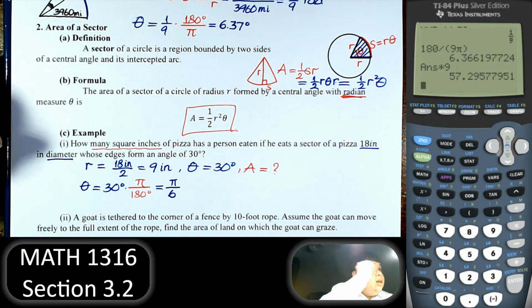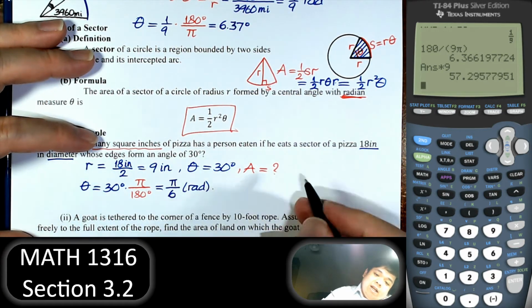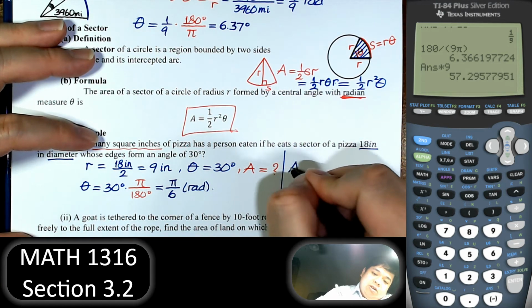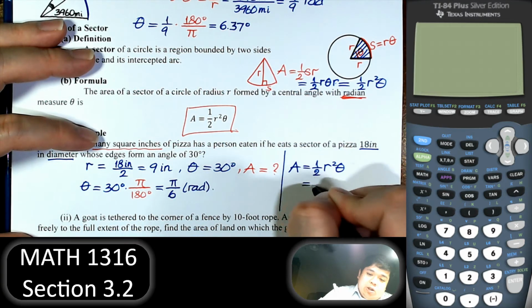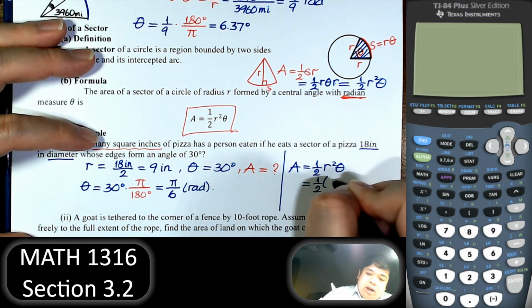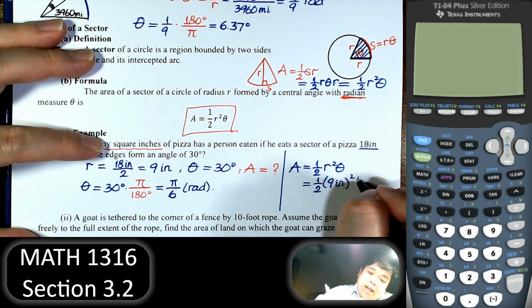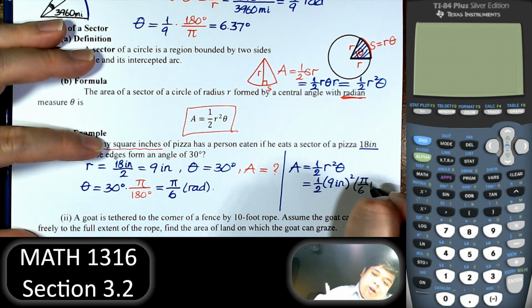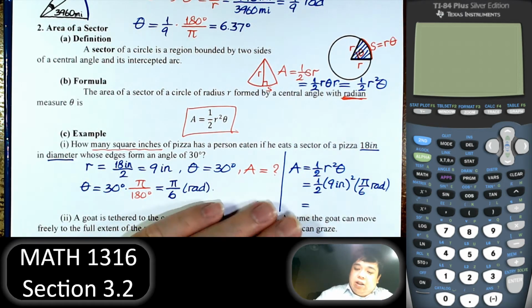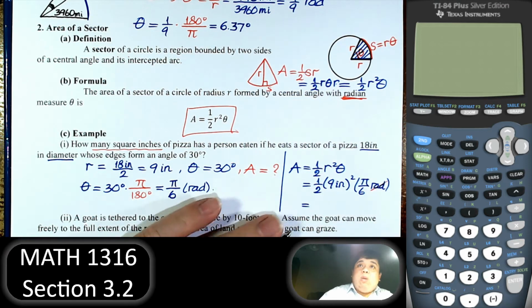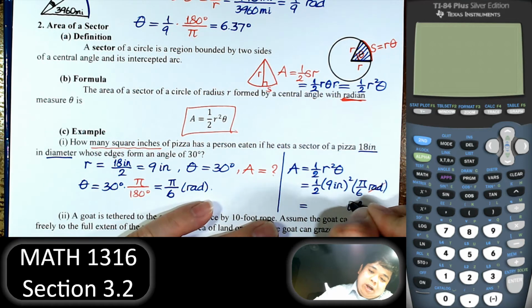So pi over 6 radian. After that, area is 1/2 radius squared times the angle. So 1/2 times the radius squared, 9 inches squared, and then pi over 6 radian. The radian cancels by itself, with the unit being inches squared.